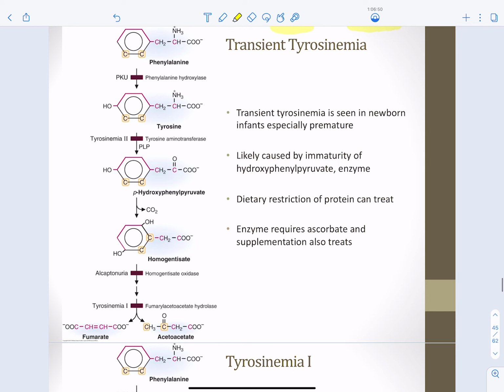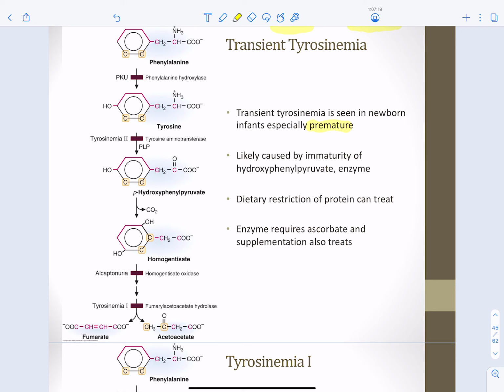We have transient tyrosinemia, and this is going to be transient because it's thought to be due to immaturity of the actual enzyme in newborns, that as the newborns develop, that enzyme becomes functional. This is mostly seen in premature newborns. That's why it's thought that it has to do with either a deficiency of the enzyme, not enough being made, or it's not as active as it will be when the infant becomes mature.